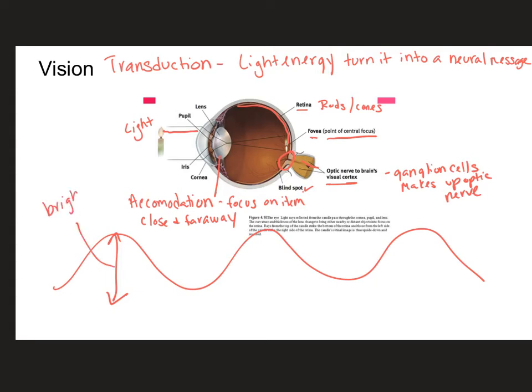So brightness is the height of the wave. The hue, so how deep of a color something is, so if it's a really deep blue or a light blue, is the length of the wave. So this deals with the length of the wave.